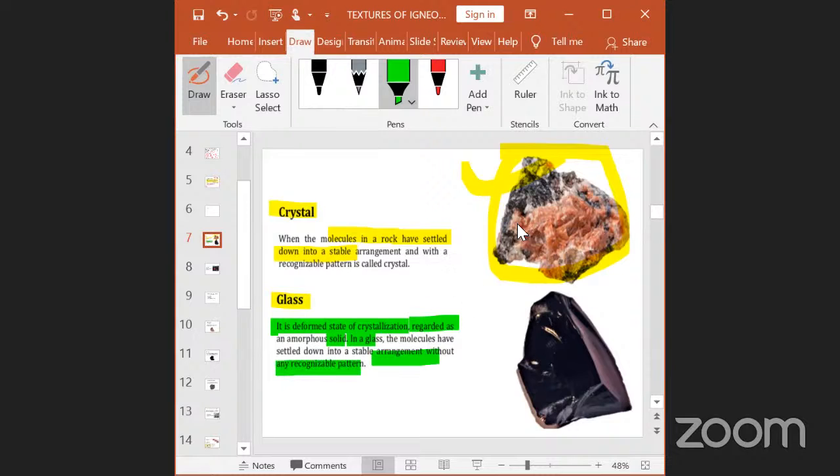So you see the difference: in a crystal the molecules have a stable arrangement with a recognizable pattern, and this one is without any recognizable pattern. This is the difference between crystal and glass, right?